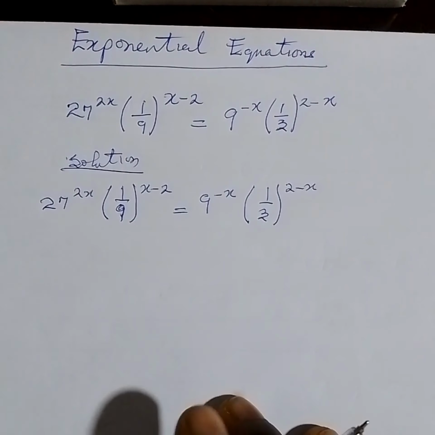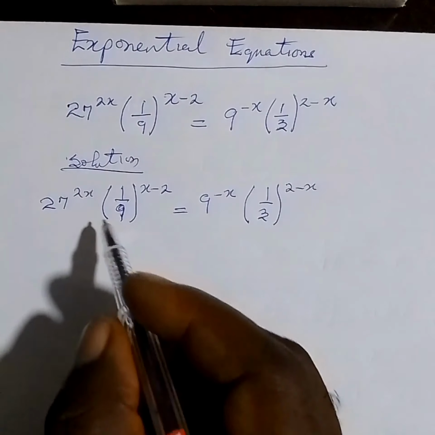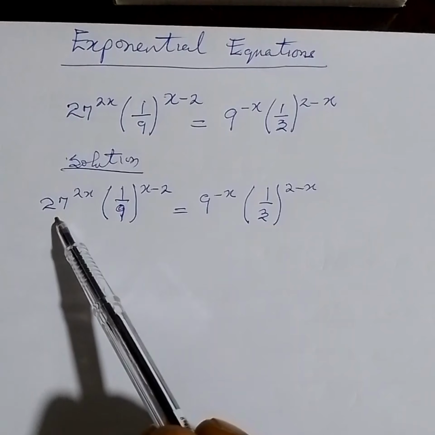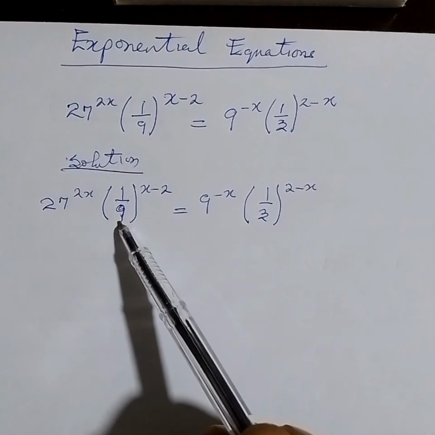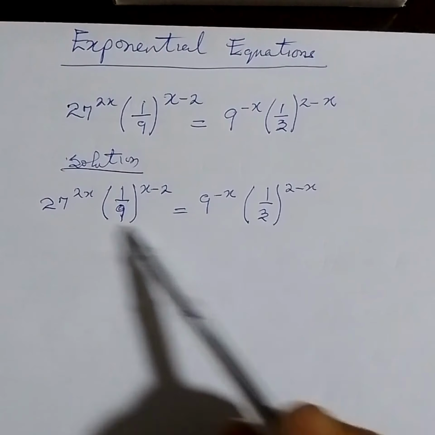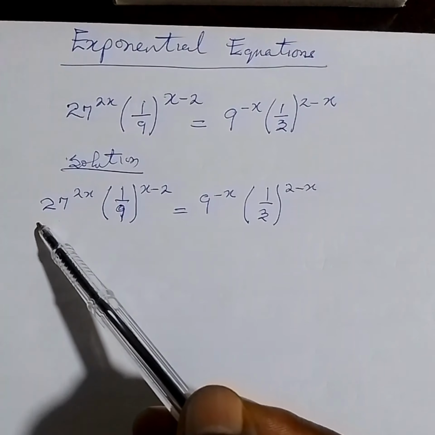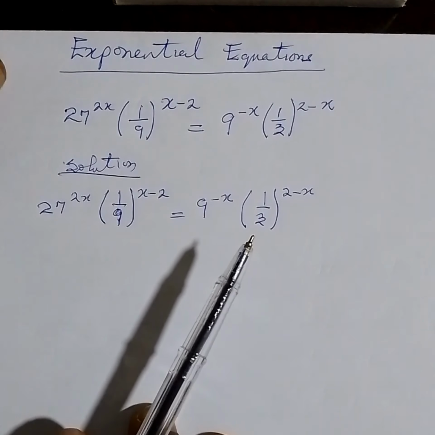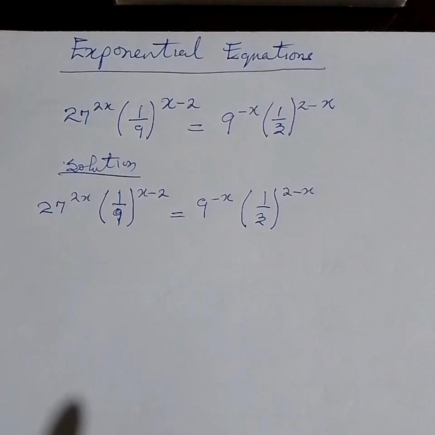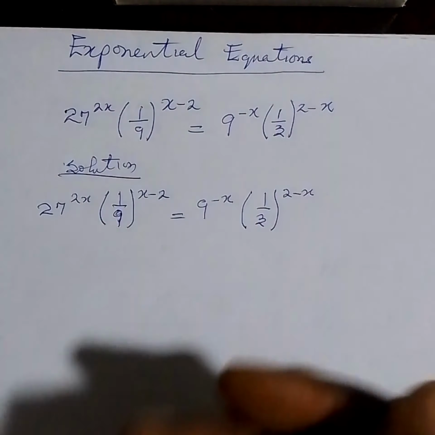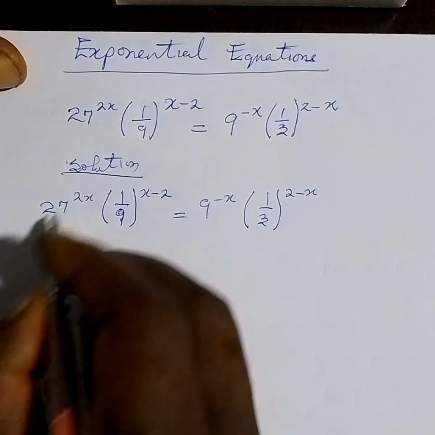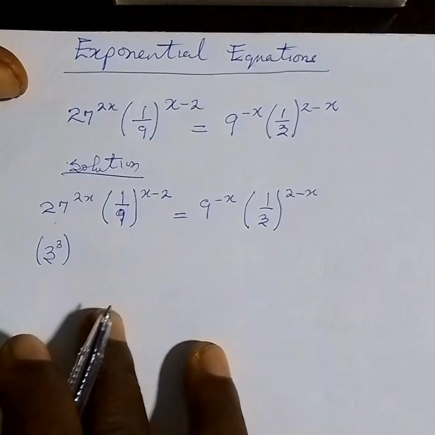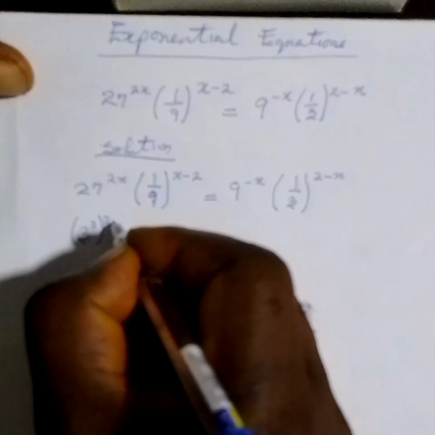Now what we need to do is look at the bases. You can see we have 27 as a base here, we have 9, and then we have 3. So we need to see if there is a base common to all of them. We can determine that 3 is a common base, so we write 27 as 3 to the power of 3, all to the power of 2x.